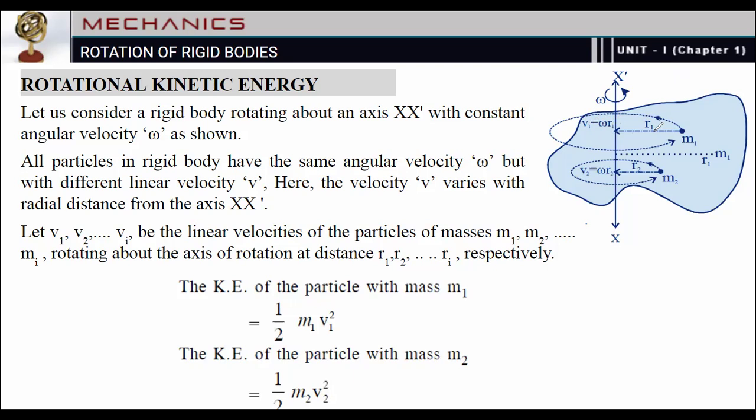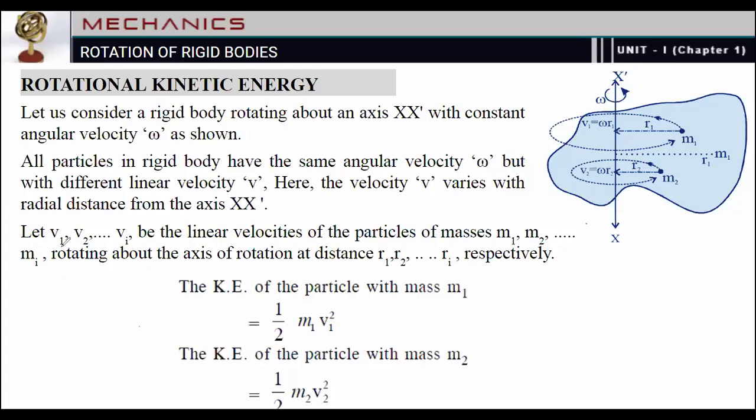So we are coming to the derivation part. Therefore, let the velocities v1, v2 and vi be the linear velocities of the particles of masses m1, m2 and mi rotating about the axis of rotation at distances r1, r2, ri respectively. For the first particle, the kinetic energy can be written as half m1 v1 squared.